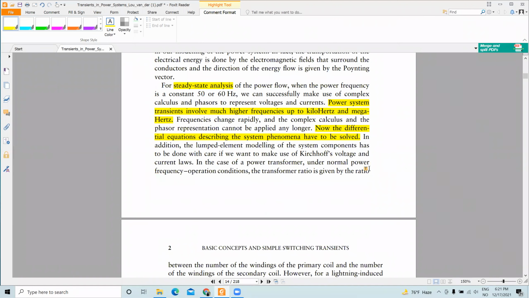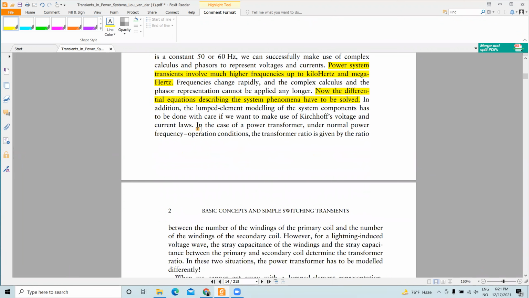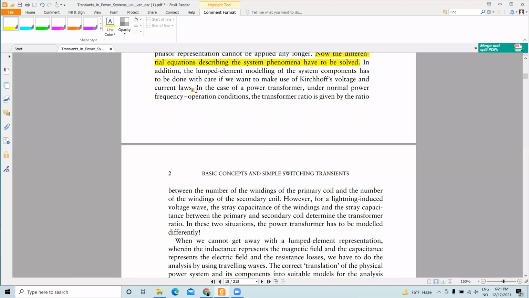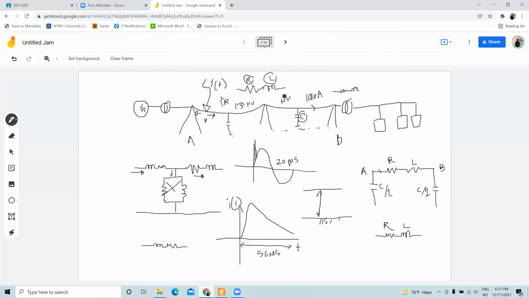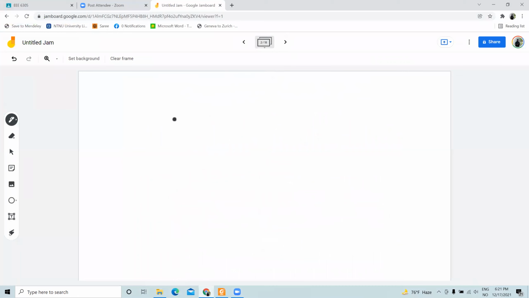So in case of a power transformer under power frequency condition, the transformer ratio. Here is another important thing mentioned.